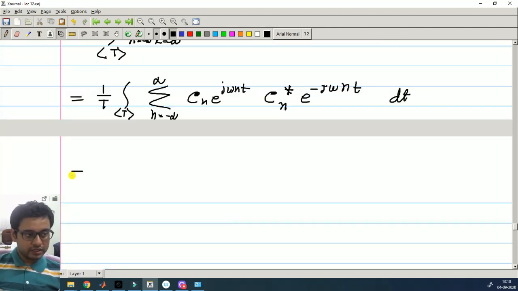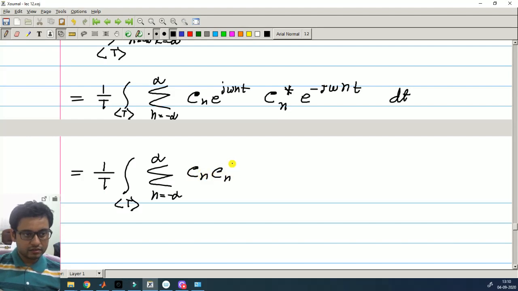Now this is equal to Cn star, and e to the power plus j omega nt and minus j omega nt will cancel and give 1.